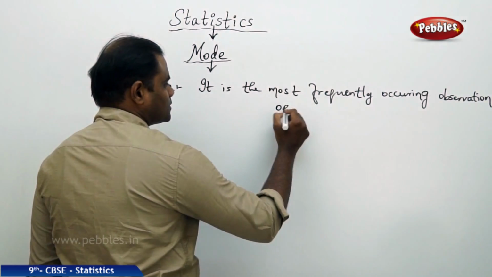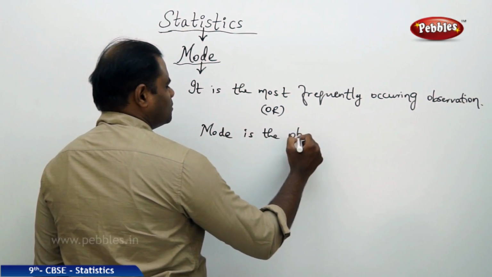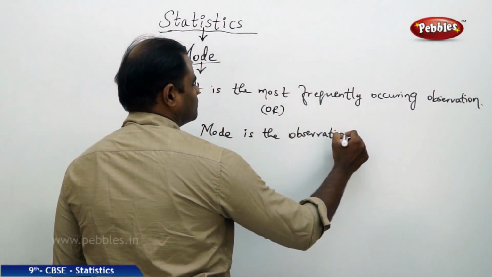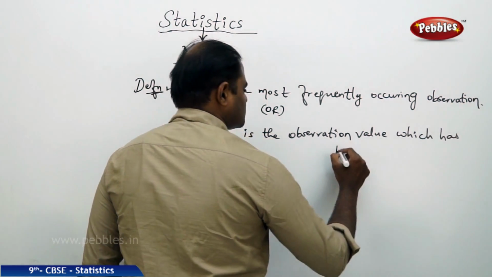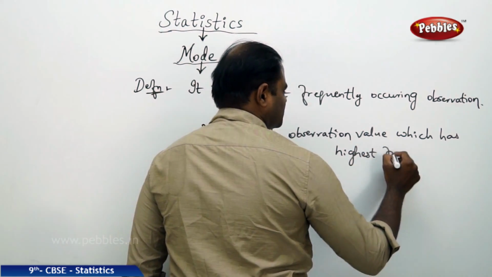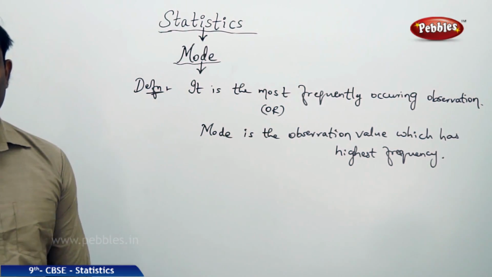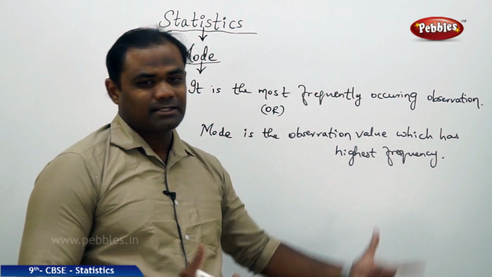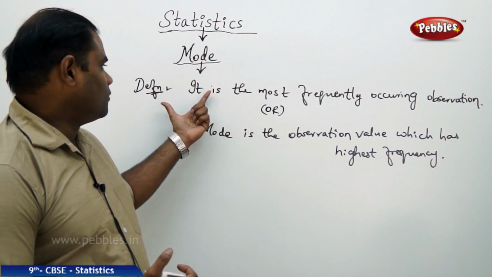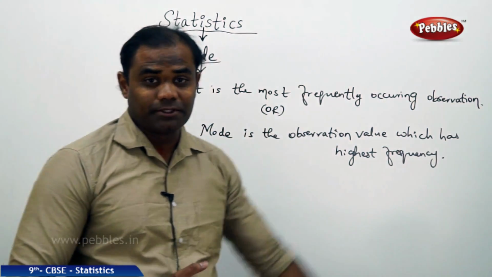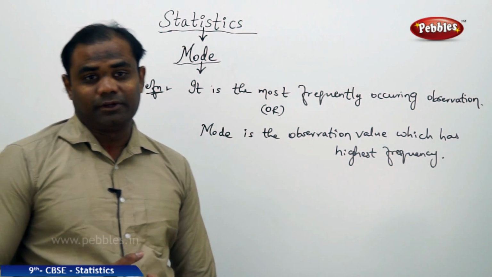We can also refer to this as: mode is the observation value which has highest frequency. It's simple because when the observation value has highest frequency, that means it repeats for the most number of times. Therefore, mode is the most frequently occurring observation, or mathematically mode is the observation value which has highest frequency.